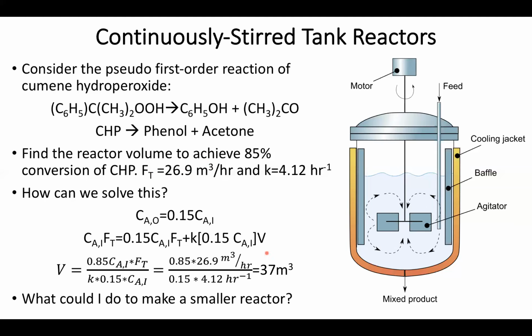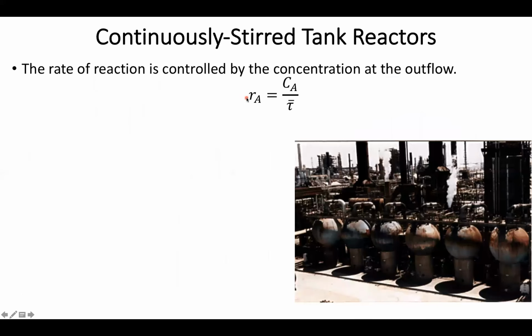So what we might want to do is figure out if there's a way we can make a much smaller reactor. One of the big things that's important to think about when we're figuring out controls on the rate is that the rate of our reaction is in large part dictated by the concentration at our outflow. So if I want to speed up the reaction, the answer is fairly straightforward.